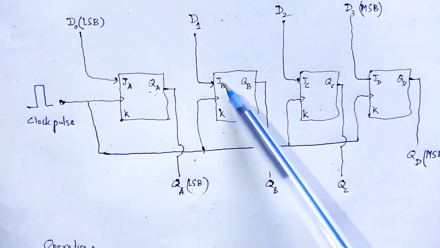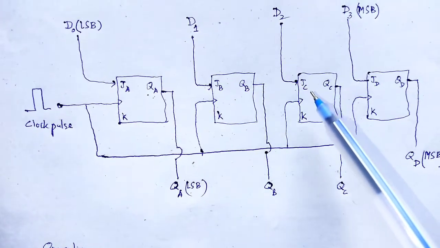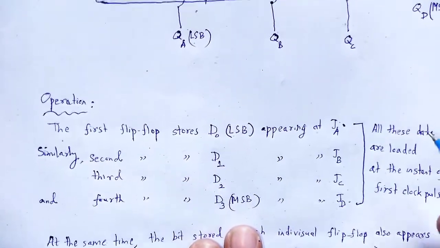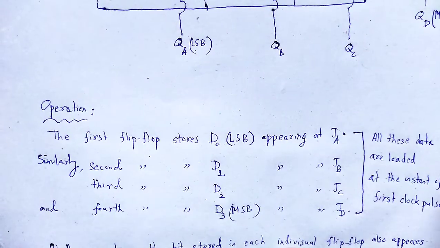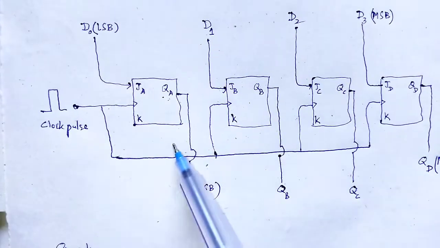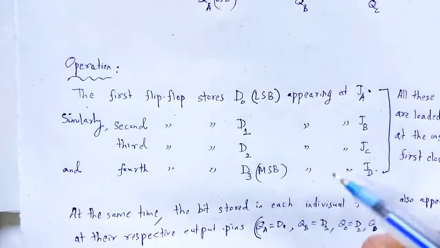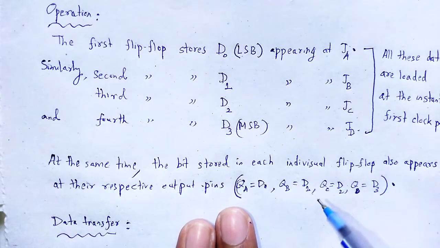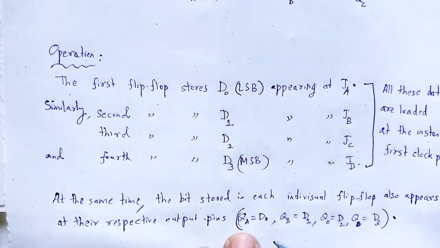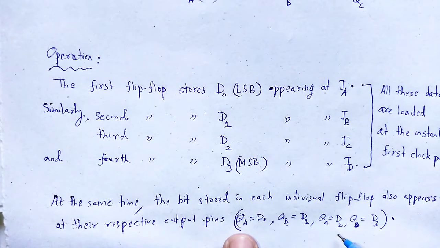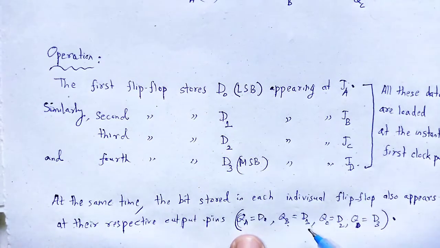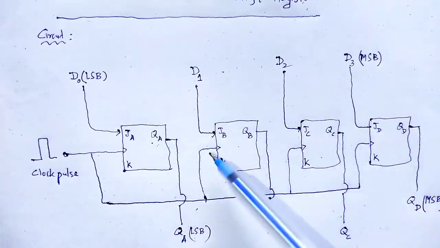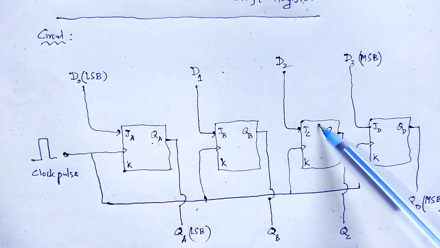Similarly, D1 to JB, D2 to JC, and D3, the most significant bit, to JD. All this data is loaded at the instant of the first clock pulse. At the same time, the bit stored in each flip-flop also appears at its respective output pin: QA, QB, QC and QD have D0, D1, D2 and D3 respectively.